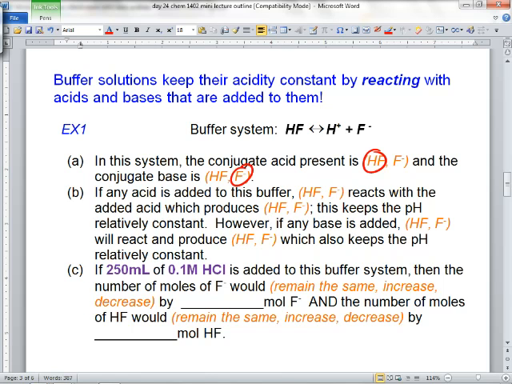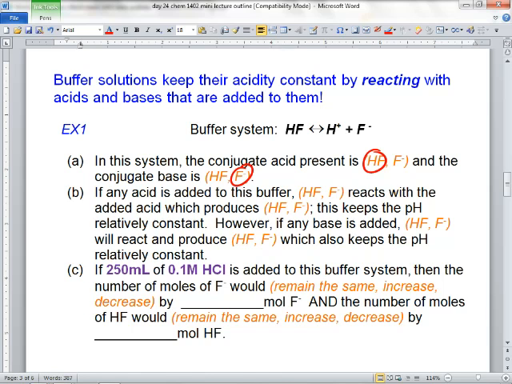Okay, any acid is added. If you add any acid to this buffer, what will react with it? If we add some acid to this buffer, what would react with it?